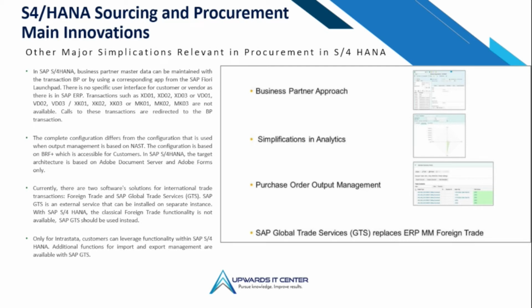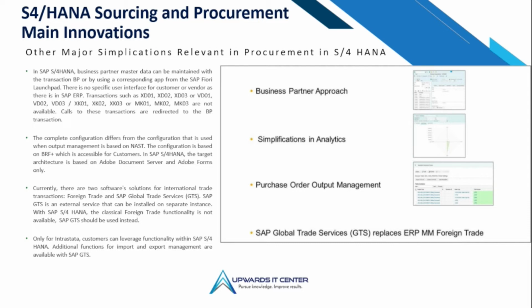The old output management NAST will be replaced by BRF Plus, which is accessible for the customers. In SAP S/4HANA, the target architecture is based on Adobe document servers and Adobe Forms only. Also, this new purchase output management needs to be activated in your customizing.